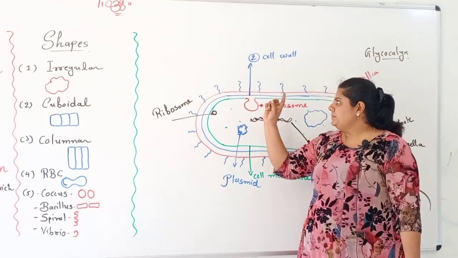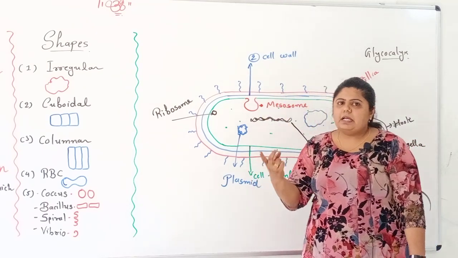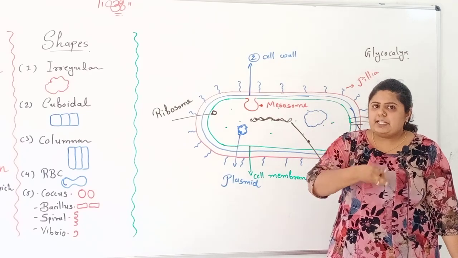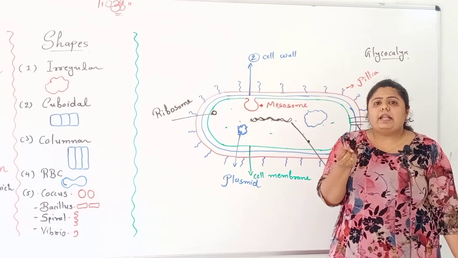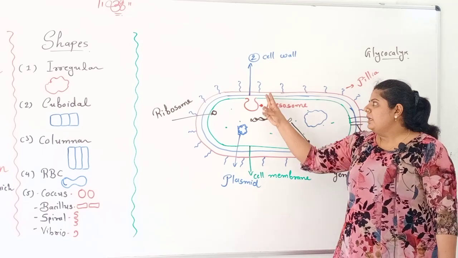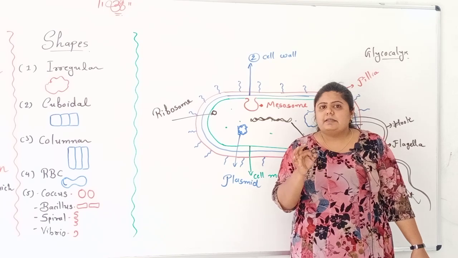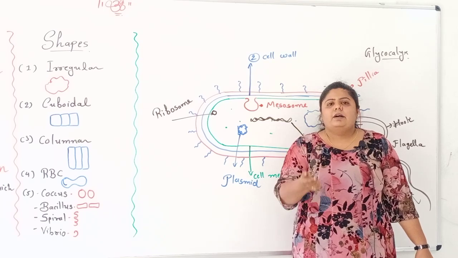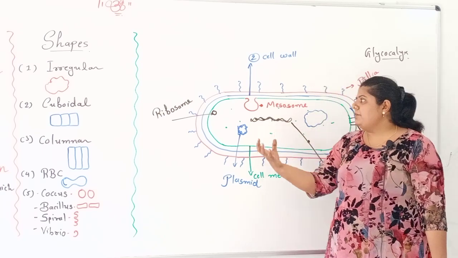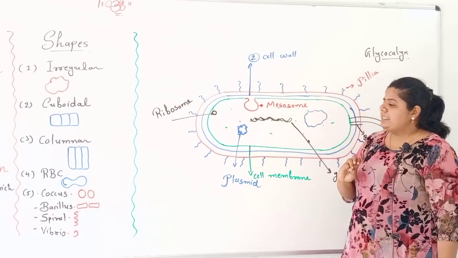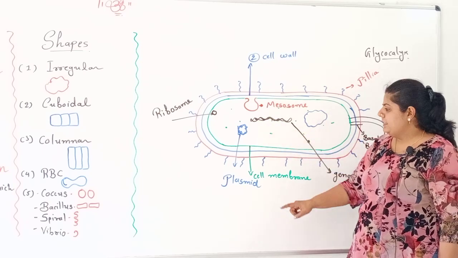Further revision: three layers, cell membrane that is selectively permeable, cell wall provides shape and mechanical support, and it also protects bacteria from bursting. Capsule protects bacteria against pathogens, the immune system of our body and other environmental conditions. Next, genomic DNA that controls all activities of bacteria.